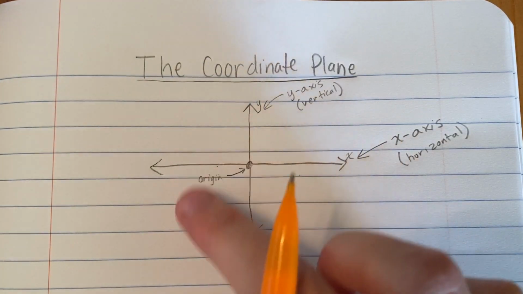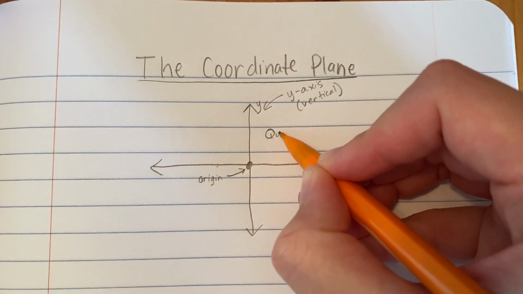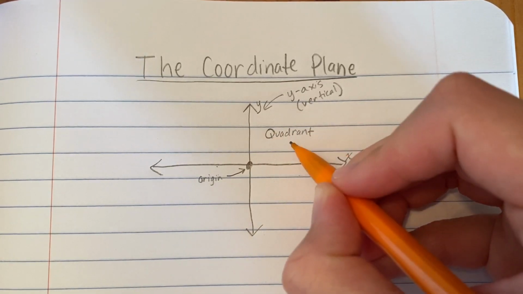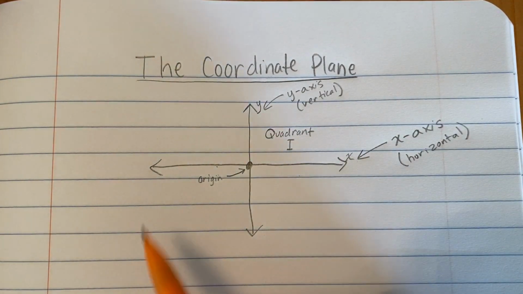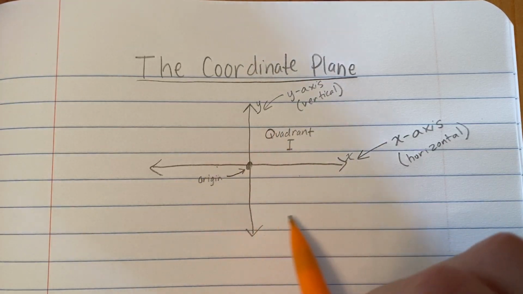And then we have these four sections of the graph, and each of them is called a quadrant. This right here is called quadrant 1, and we write it in Roman numerals like an I. And then it goes in a C pattern, like this.